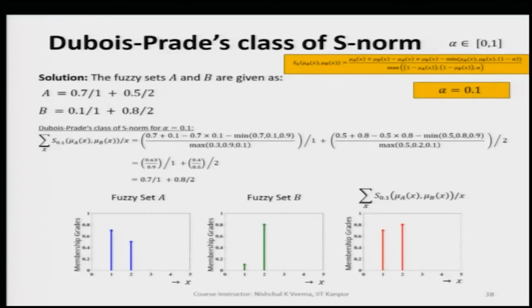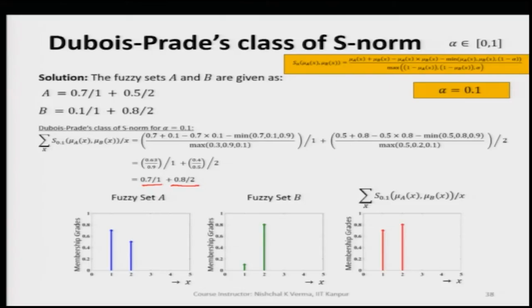So, when we apply the expression that I just discussed for S alpha, which is for Dubois-Prade class of S norm, for finding the membership values of the resulting fuzzy set, which is out of the union of fuzzy set A and fuzzy set B, we are getting two terms here in the resulting fuzzy set.